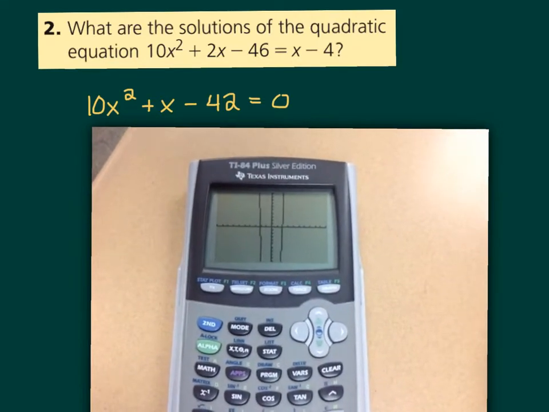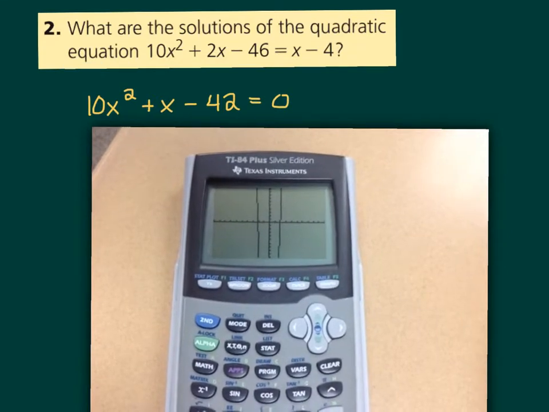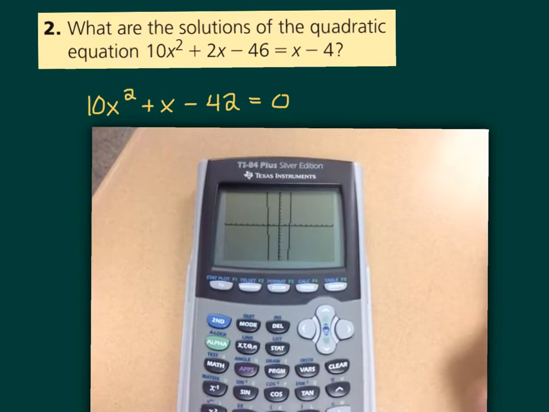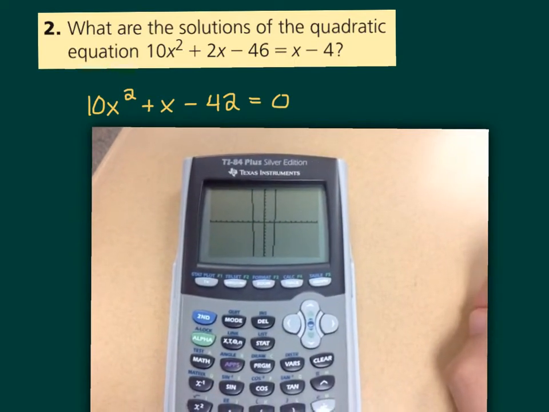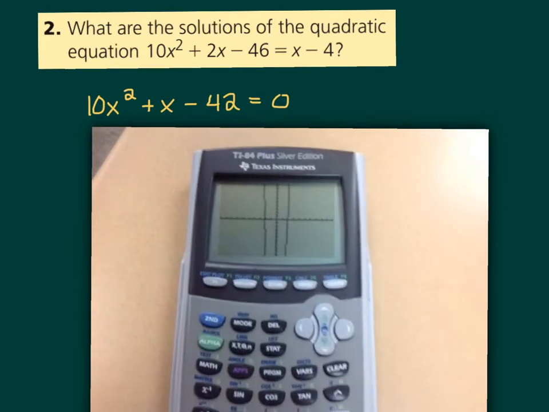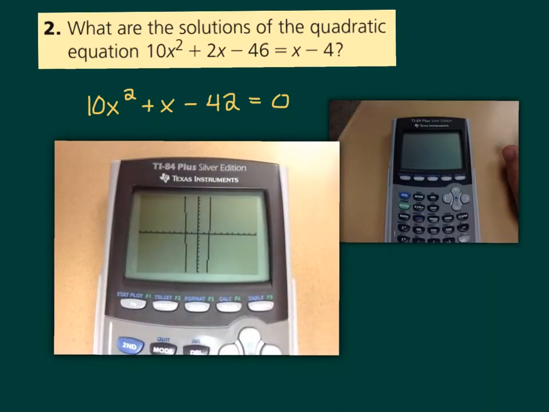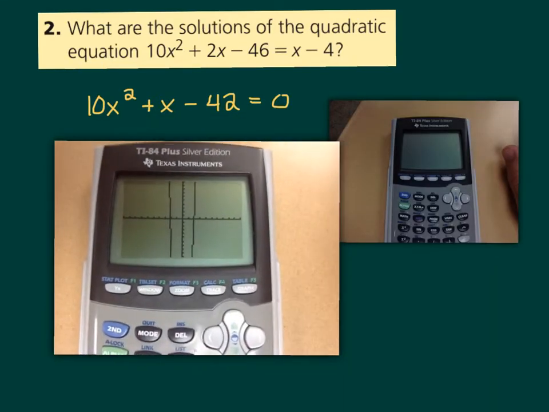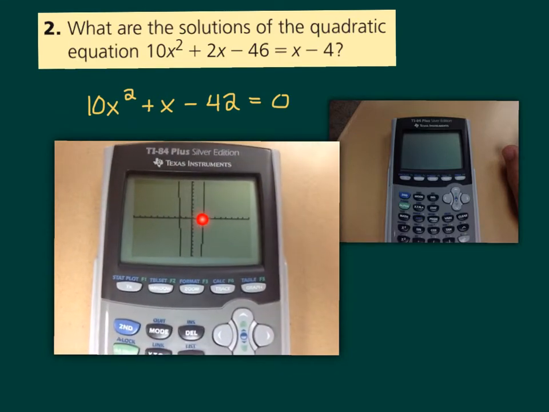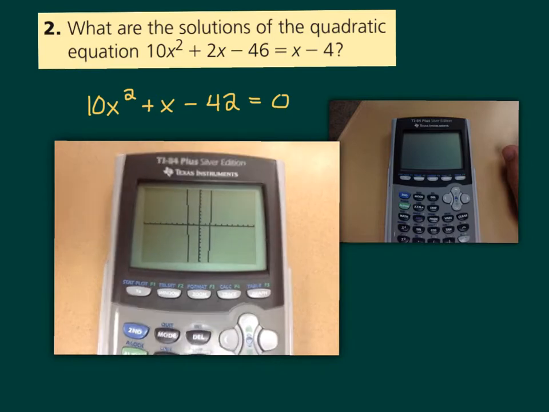If I do zoom 6, the standard zoom window, that's what it looks like. Is that enough to get the solutions to my quadratic equation? So this window is suitable to find the solutions there and there. Those two, where it crosses the x-axis.